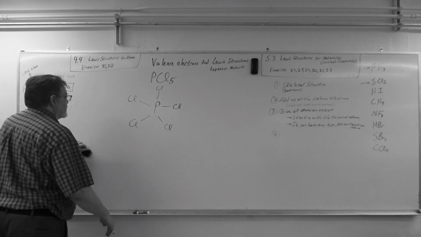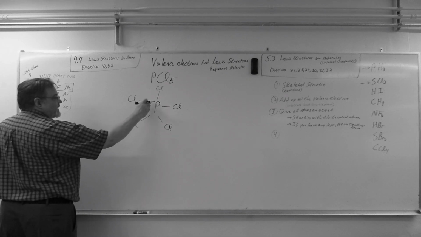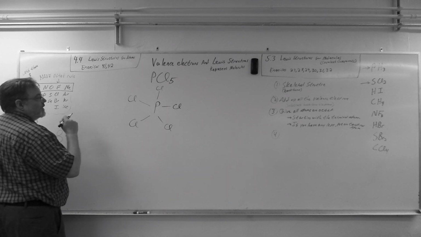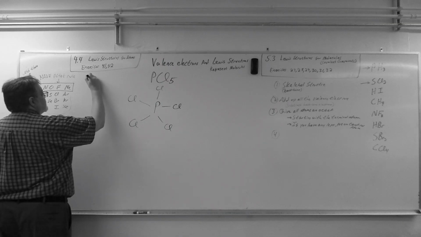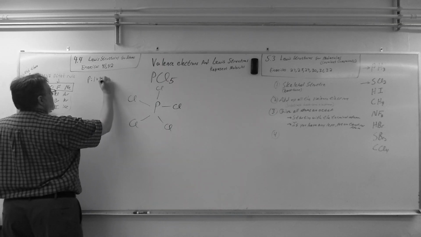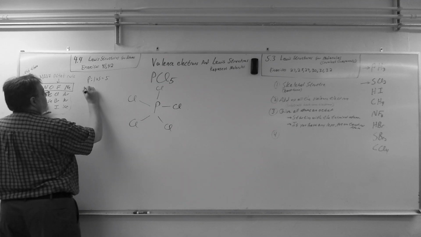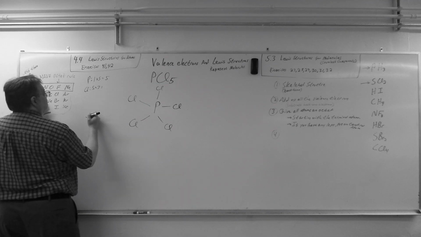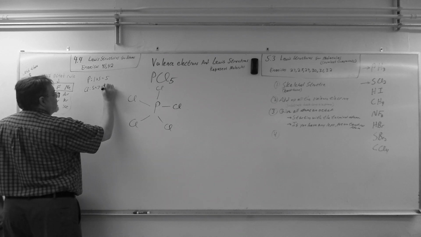Well, let's go through this. I can't remember where the extra electrons end up on that phosphorus. But let's see. Phosphorus has 5. There's 1 phosphorus times 5, so 5 electrons from there. Cl, we have 5 of them times 7. Is that 35?